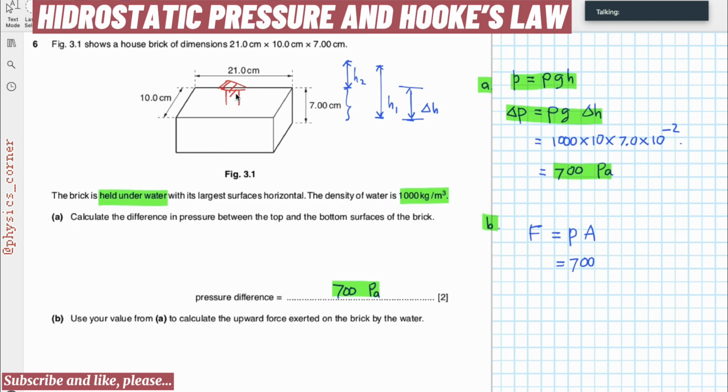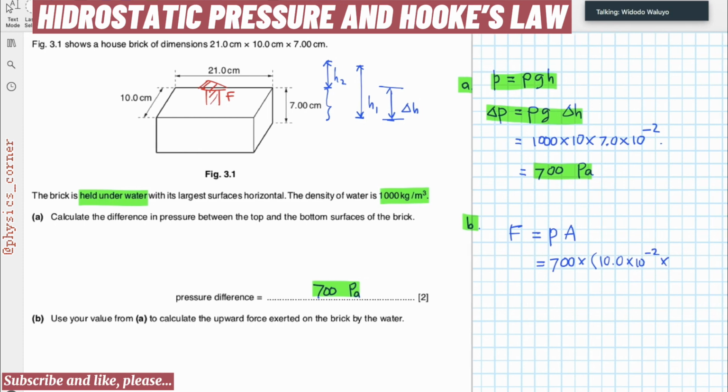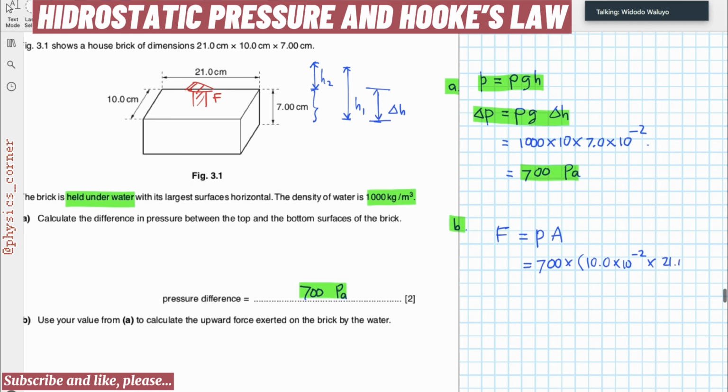The area is about 10 and 21, and we need to convert into meter. The area is 10 times 10 to the power minus 2, times 21 times 10 to the power minus 2.